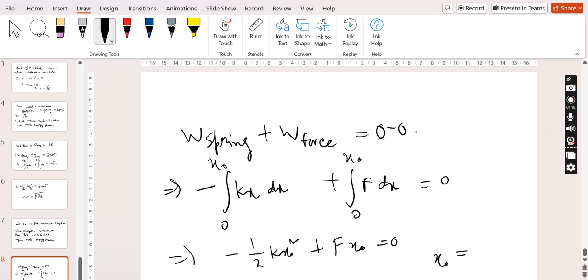So x naught will be 2F by k. And this is the maximum elongation.